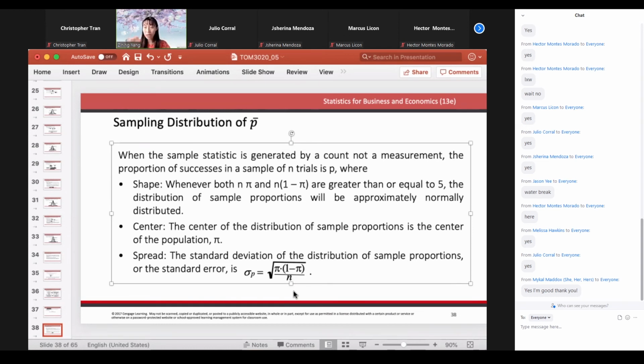So sample size is always in the denominator when it comes to standard error, because the larger the sample size, the smaller the standard error. The smaller the sample size, the larger your standard error, the larger your deviation. So it's always an inverse relationship, and that's easier for you to memorize. The sample size is always in the denominator because it's always an inverse relationship. That's the only new component in the calculation.